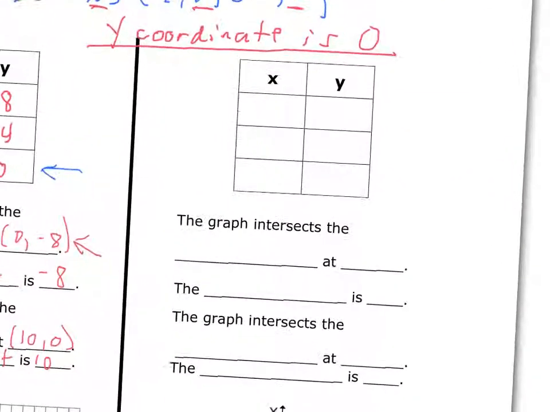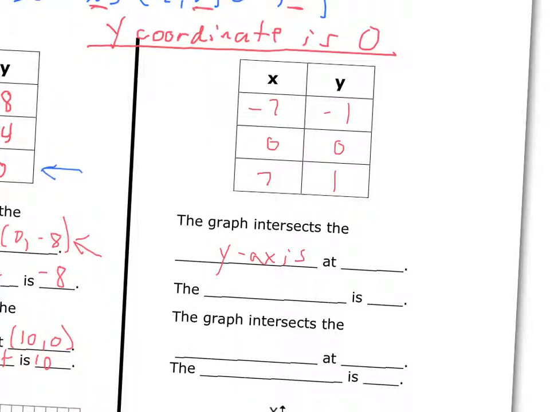Okay, so let's try another one real quick. I would like you to do this example. -7, 0, 7, and -1, 0, 1. Okay, so this one, let's do our y-axis like we have been doing.